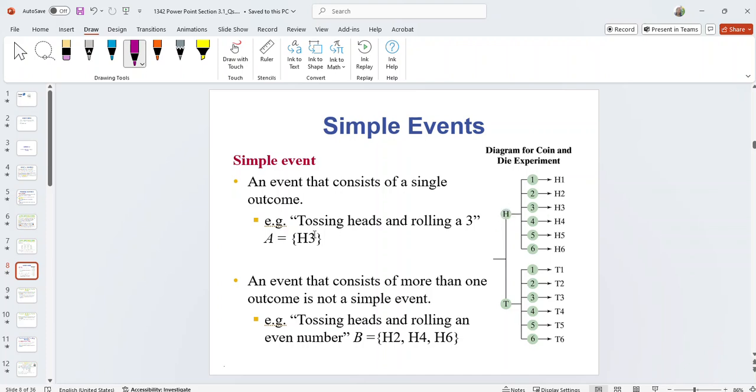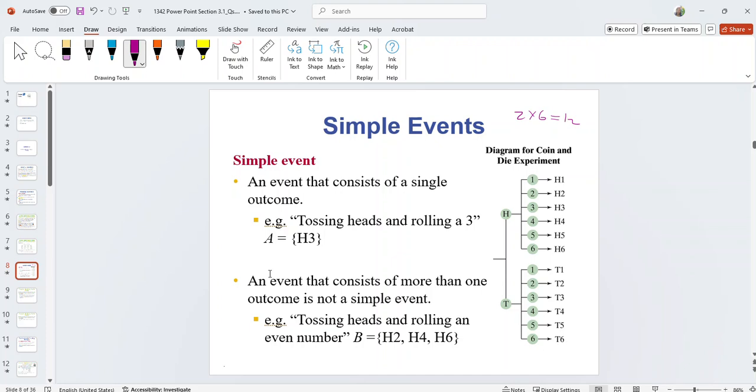This one is tossing a coin, either head or tail, and then you're rolling a dice, which has 6 possible outcomes. So the head can combine with the 6, and the tail also can be combined with the 6. So 2 times 6 gives you 12 possible outcomes in here.